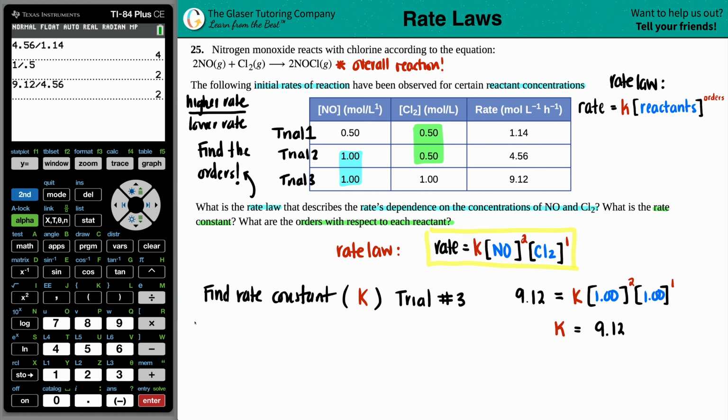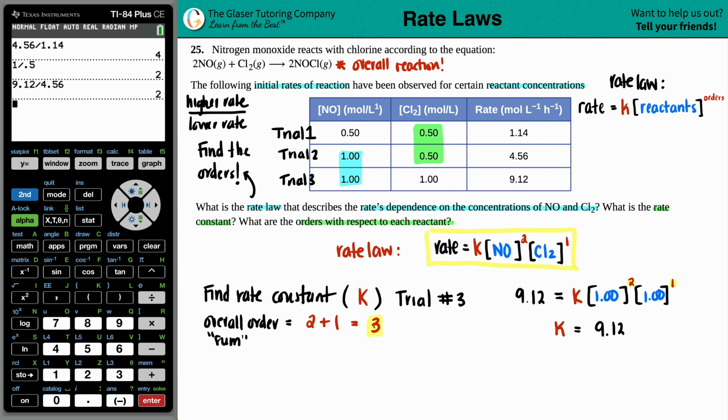So to find the units for K, you should generally know the overall order. The overall order is just the sum of all of your orders, which are your exponents. I have a 2 and a 1 in my rate law, so my overall order would be 2 plus 1, which is 3.